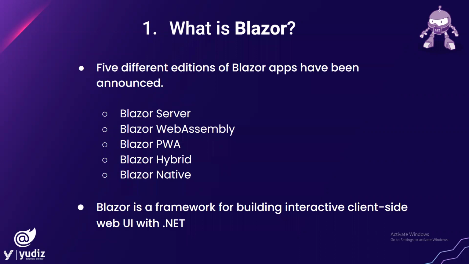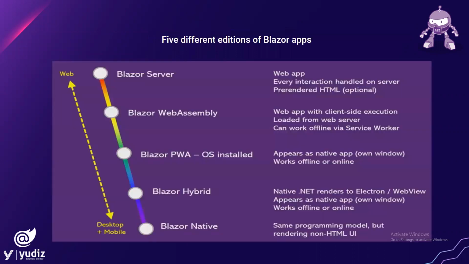Now, next, in this picture you can see that from below, Blazor Native, Blazor Hybrid, and Blazor PWA are used for desktop as well as mobile applications. And Blazor WebAssembly and Blazor Server are used for web implementation.